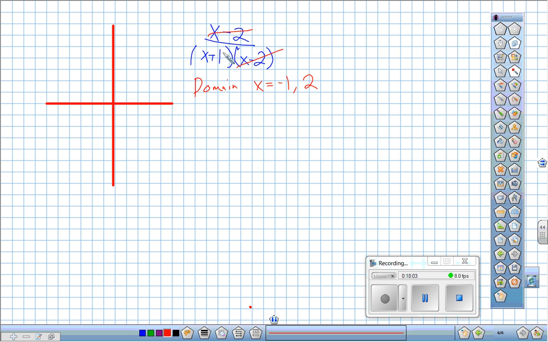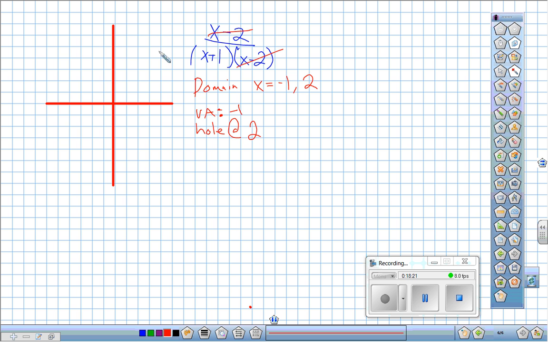These can cross out, however, so I will have a vertical asymptote, which we've already talked about, at negative 1. But since these ones crossed out, all I get is a hole. So I have a hole at positive 2.